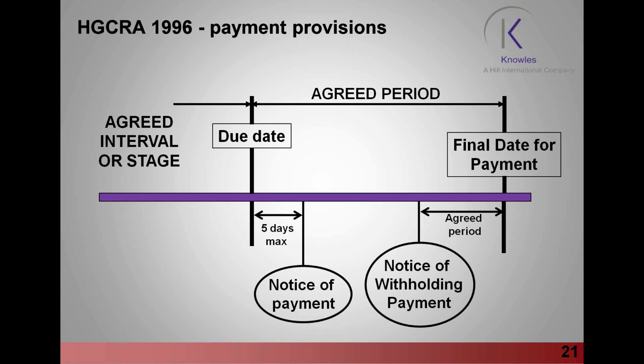Dealing with the one on the left first, the notice of payment. There was great hopes for this notice when the Construction Act 1996 came in. The piece of legislation clearly said that a notice of payment had to be served 5 days after the due date. Unfortunately, in the case law that occurred after the 1st of May 1998 under the Construction Act 1996, the courts decided, well, actually, don't worry too much if a notice of payment is served.